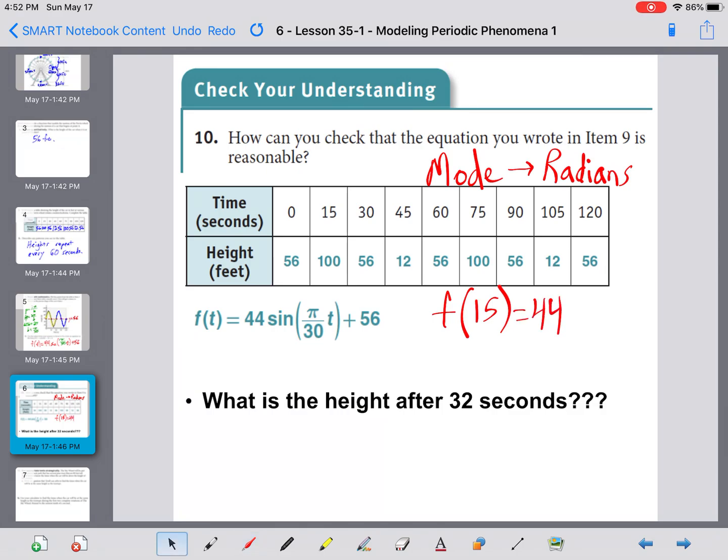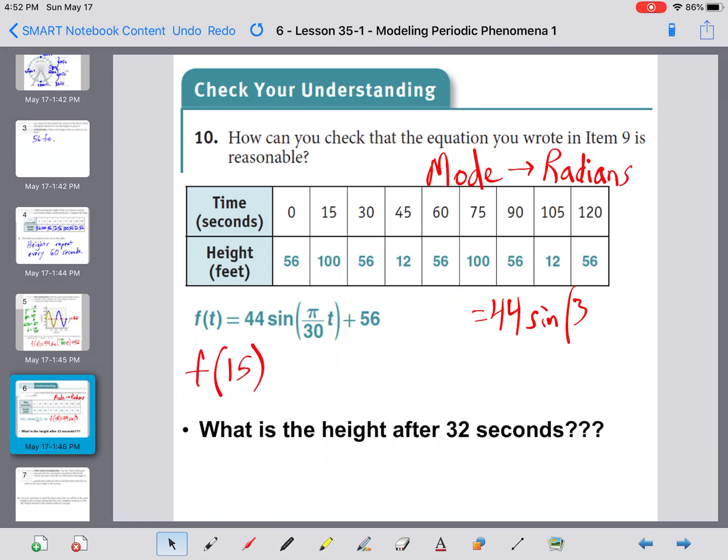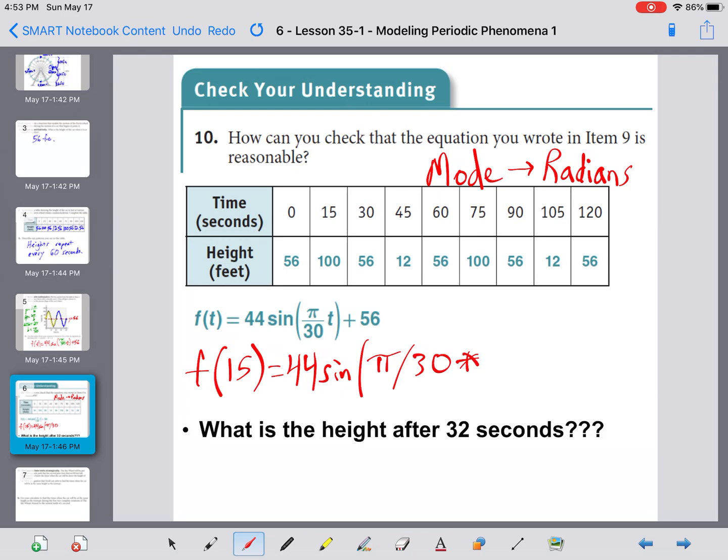this is what you should type in the calculator, 44. Move this over just a little bit here. Okay, so 44 sine of pi. Actually, I'm going to move this down. I'm running out of room. So f of 15, what you'll type in the calculator is the sine of pi divided by 30.